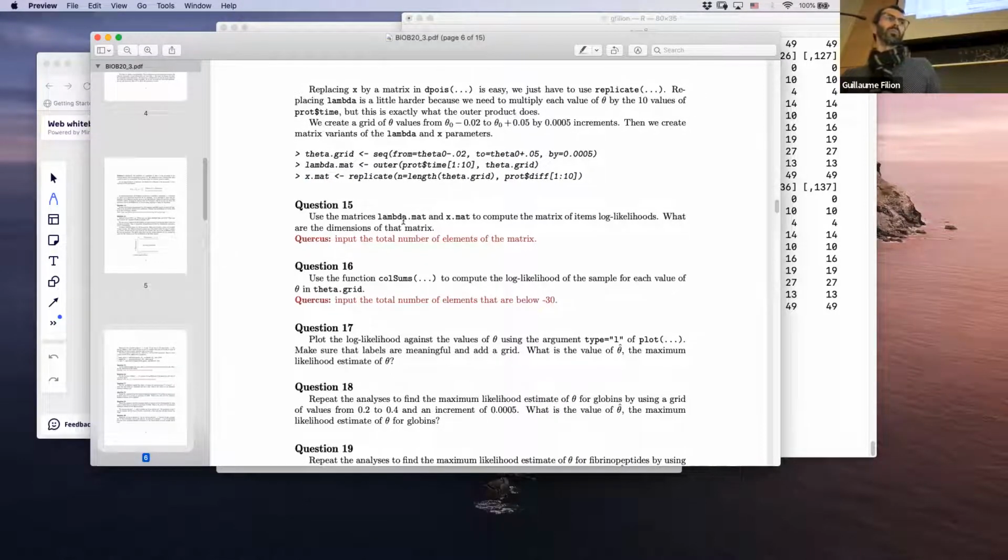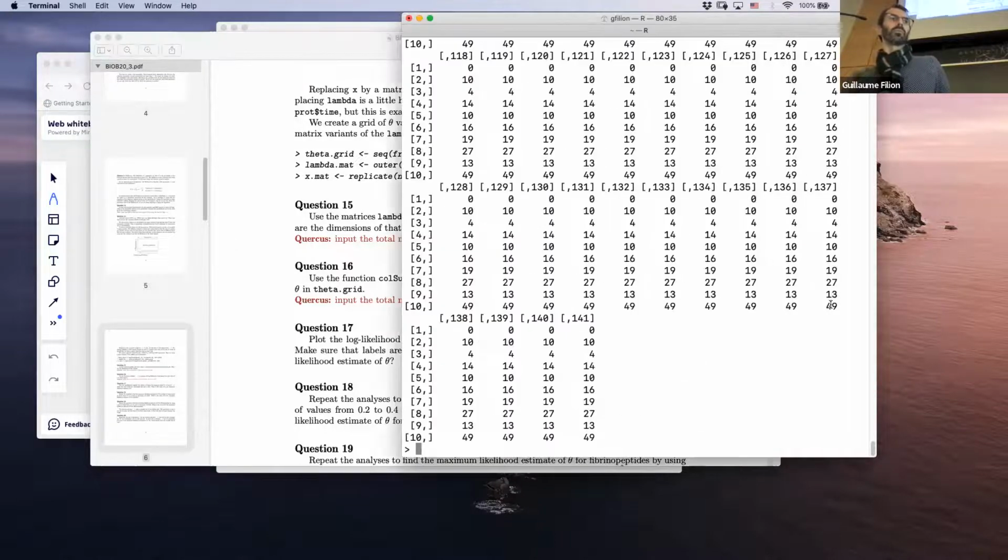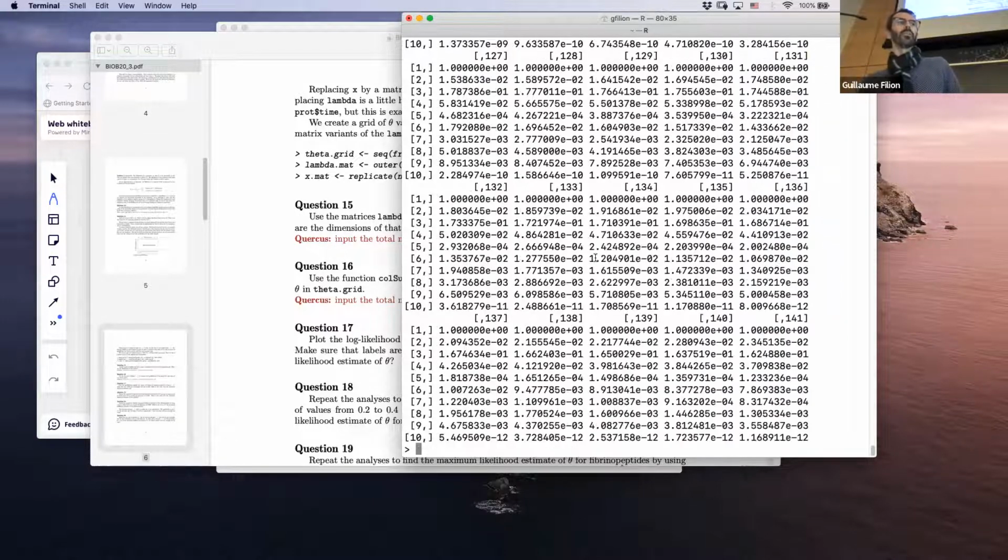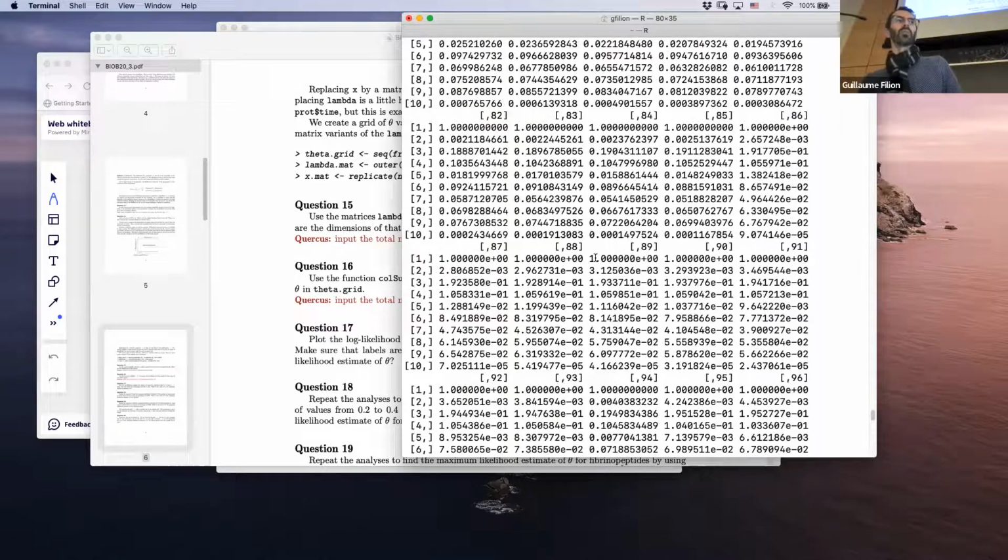Use the matrices lambda.mat and x.mat to compute the matrix of items log likelihood. So now it's just a matter of dexp with x equals x.mat and lambda equals lambda.mat. And everything works fine. It gives me a huge matrix, but it doesn't complain.